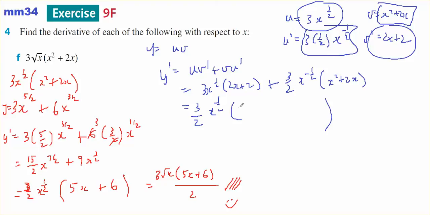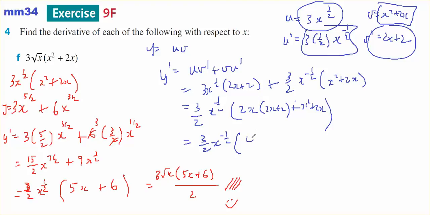I didn't have a half, so I'm going to have a 2 there. The x to the negative half leaves me with an x, and I've got 2x plus 2, plus the 3's gone, the 2's gone, that's gone, x squared plus 2x.